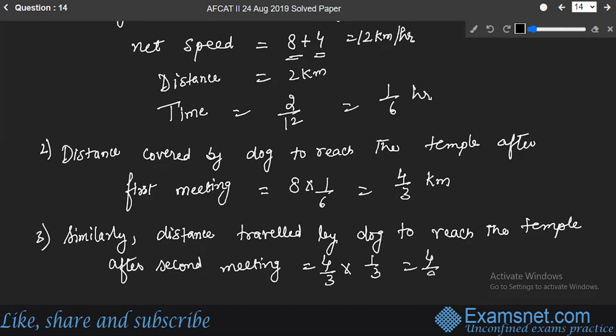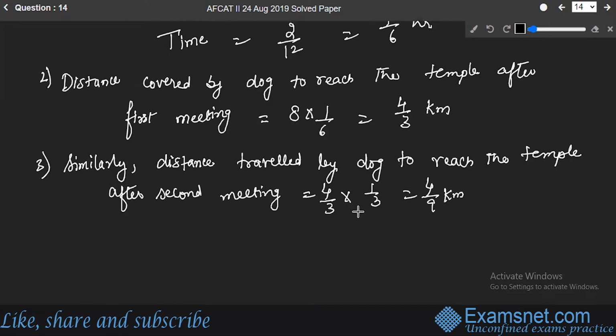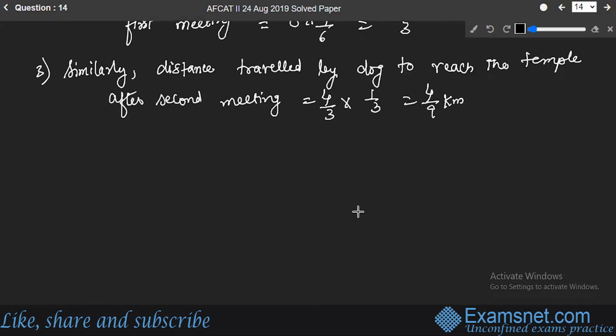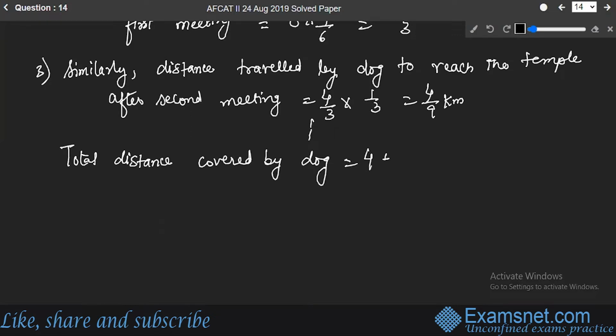That will be 4 by 9 kilometers. Right. So this will go, you will see this is forming a series. Right. This will go on. Total distance covered by dog will be, first he covered 4, then he covered 4 by 3, then he covered 4 by 9 and so on. This will go on and on and on.